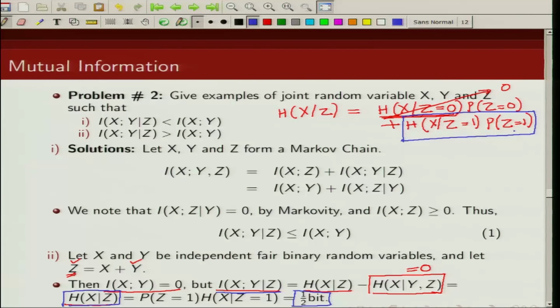So in this particular example you can clearly see that the mutual information between x and y given z, which is 0.5 bits, is more than the mutual information between x and y, which is 0. So hence we have shown through different examples that the mutual information between x and y conditioned on z can be greater than the mutual information between x and y, or it can be less as well.